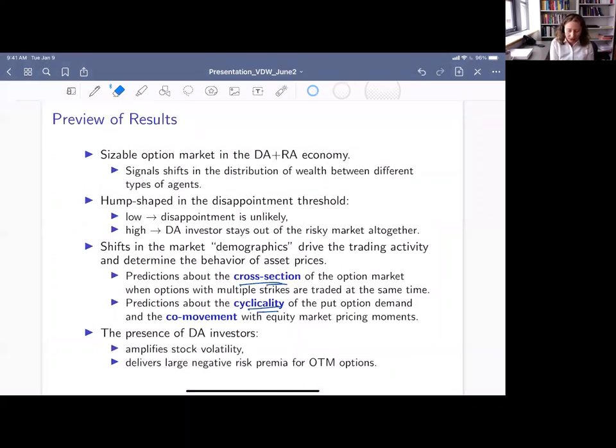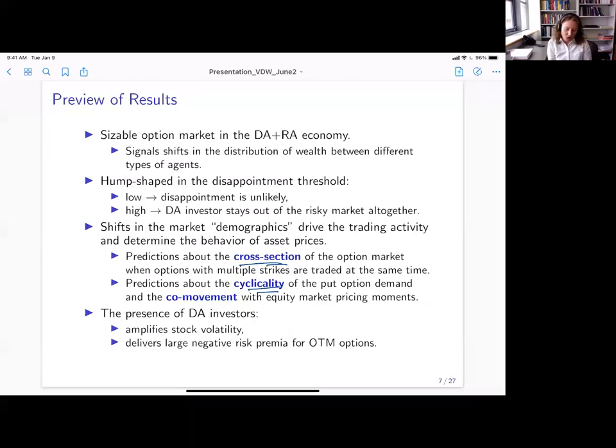And finally, the co-movement with the equity pricing moments, okay? I will briefly at the very end discuss pricing. As I said, the main focus will be on quantities. And so in terms of pricing, the most interesting implications are that we will have amplified stock volatility and large negative risk premia for out of the money options.